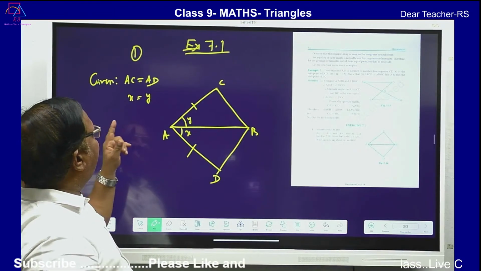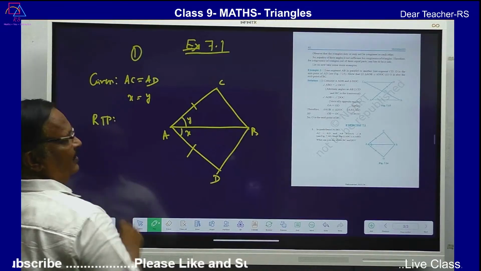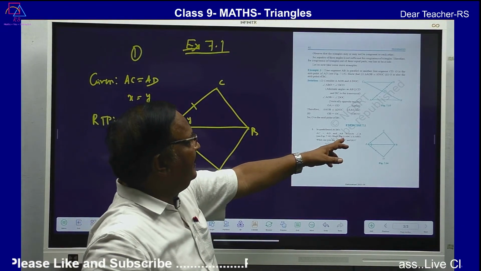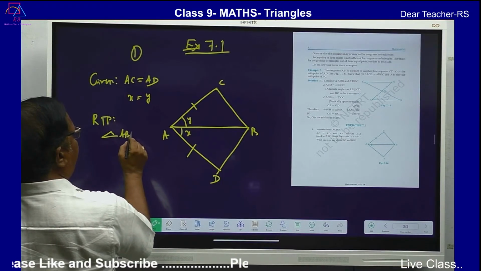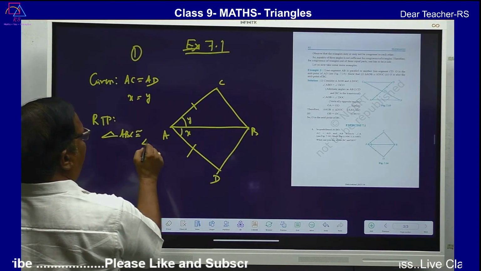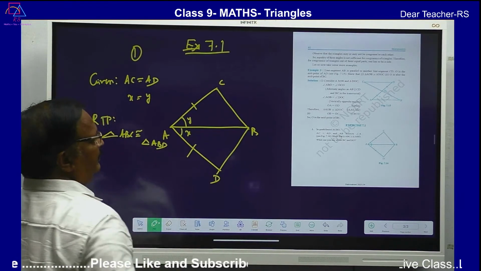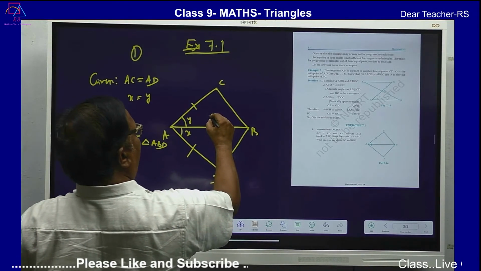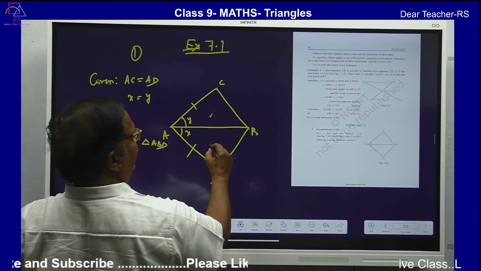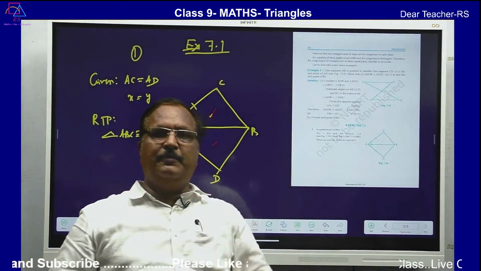So then what he asked: required to prove, show that triangle ABC is congruent to triangle ABD. That means triangle ABC is the upper triangle and triangle ADB is the lower triangle. You have to say these two triangles are congruent.